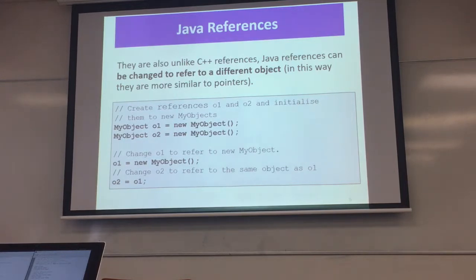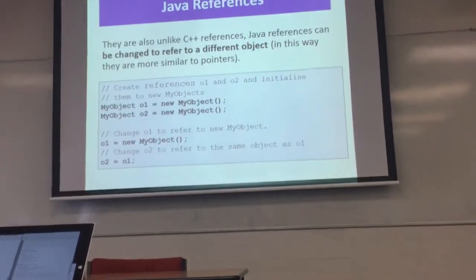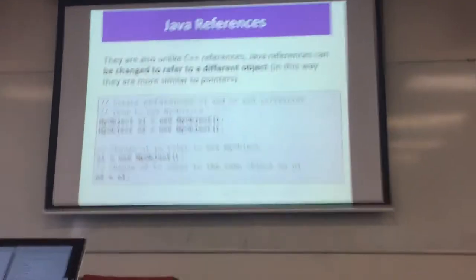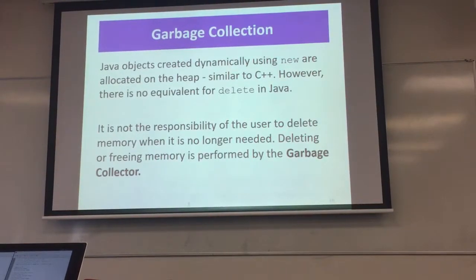So if this is O1 and this is O2, let's say point. As soon as I say O2 gets the value of O1, everything points here, and the other memory is returned to the system. Okay, garbage collector, I mentioned this.